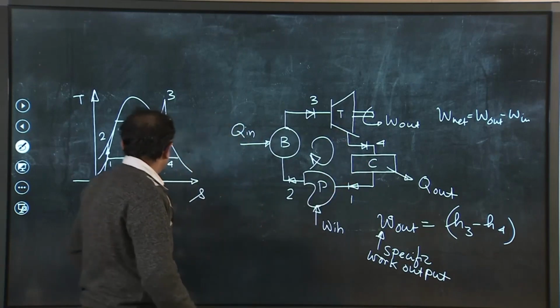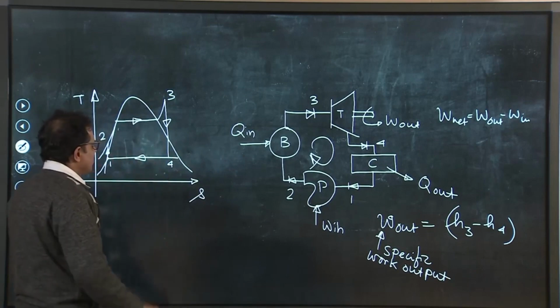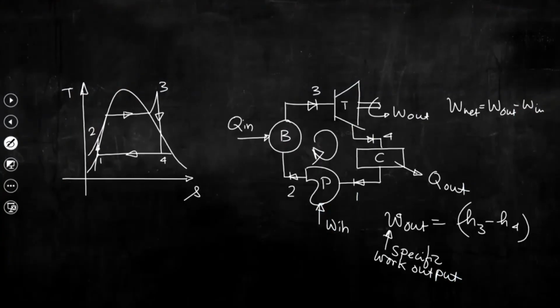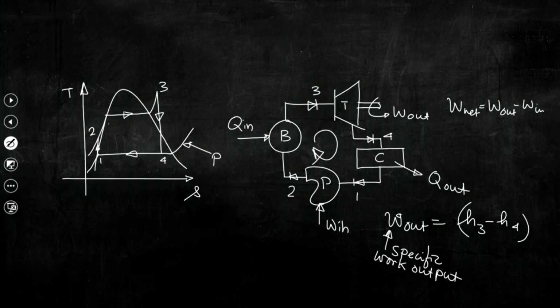Now, consider this TS diagram. What we can understand is that this pressure, which is the condenser pressure, is also known as turbine back pressure, the pressure at the exit of the turbine.